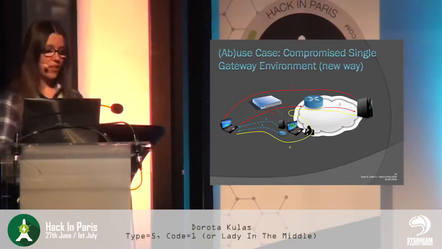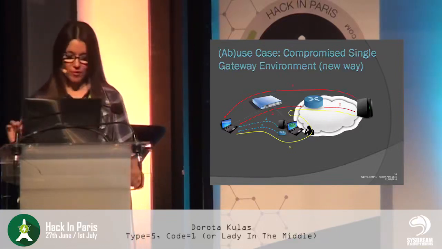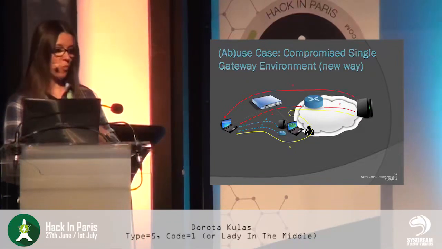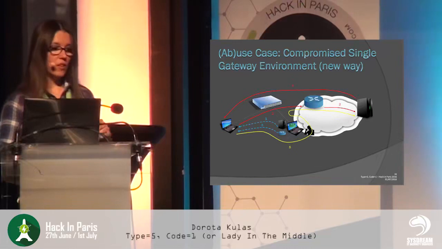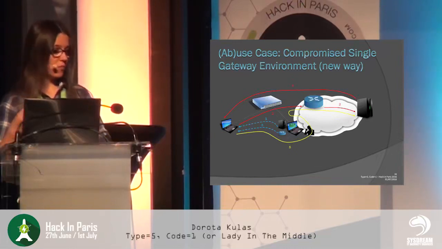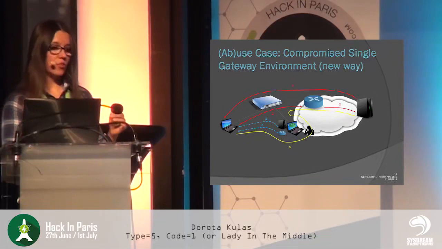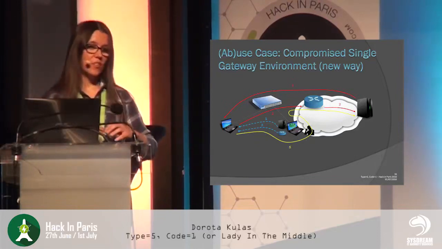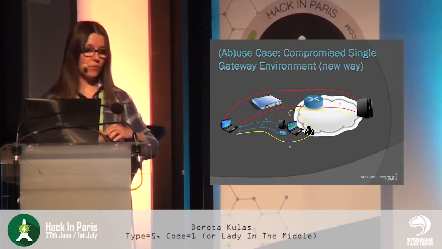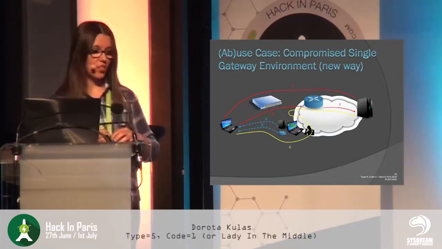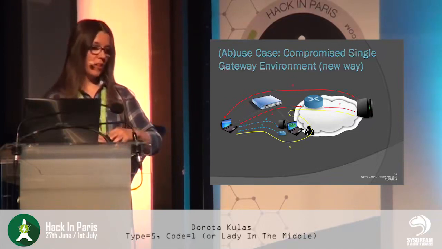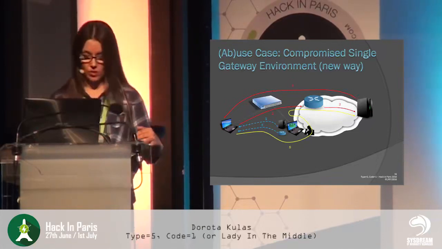And I will show some frames in a minute. So just remember that we focus on message number 1, which is the trigger packet, claiming to be from the server to the user, then message 2 from the user to the server, and message 3, which is spoofed as if it were sent from the default gateway, but the attacker actually sends this message claiming to be the default gateway, and this is the redirect message to the user.